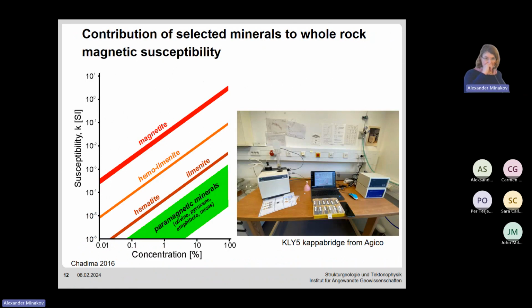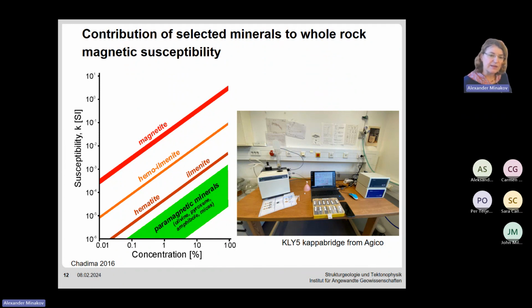Now let's have a look at the magnetic properties from the Spitsbergen sample. First, what we have done there, we have measured magnetic susceptibility. And magnetic susceptibility sees not only the titanomagnetite, but a whole range of minerals. We can have paramagnetic minerals, and the diamagnetic minerals don't contribute much.